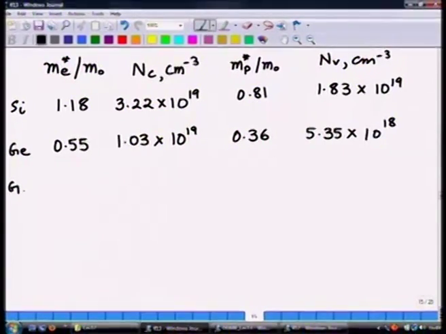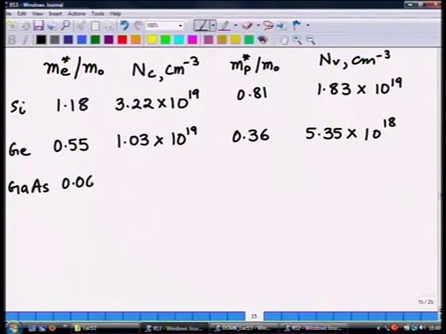Now, in gallium arsenide, something really very interesting happens. The electron is really light, 0.066, and the density of states is 4.21 into 10 to the power 17 only, whereas in relative terms between electron and holes, the hole in gallium arsenide is about equally heavy as in germanium and silicon.